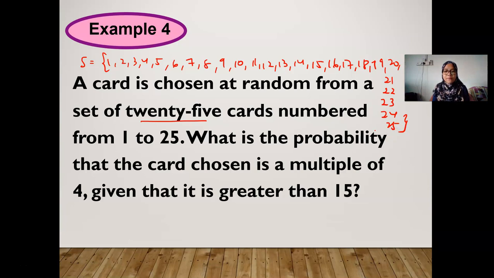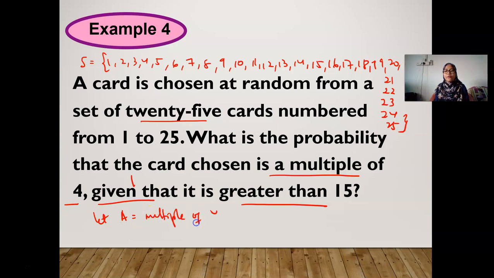What is the probability that the card chosen is a multiple of 4, given that it is greater than 15? So we let our event A be multiple of 4.